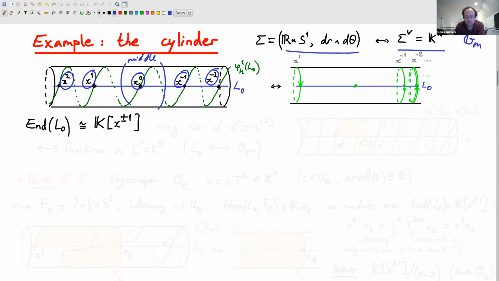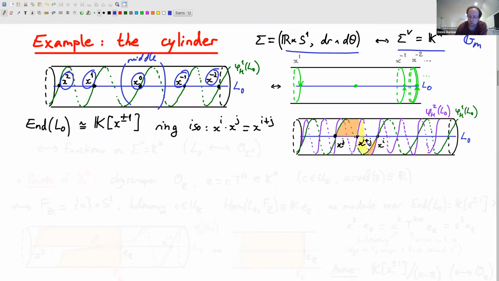Now, that is kind of a weak claim until I can actually say something more, which is this is actually a ring isomorphism. And so that's why I used that notation. So how do I check that? Well, the answer is I would have to study the product, which means having 3 copies of L0 perturbed to wrap faster and faster. And I will look for triangles.